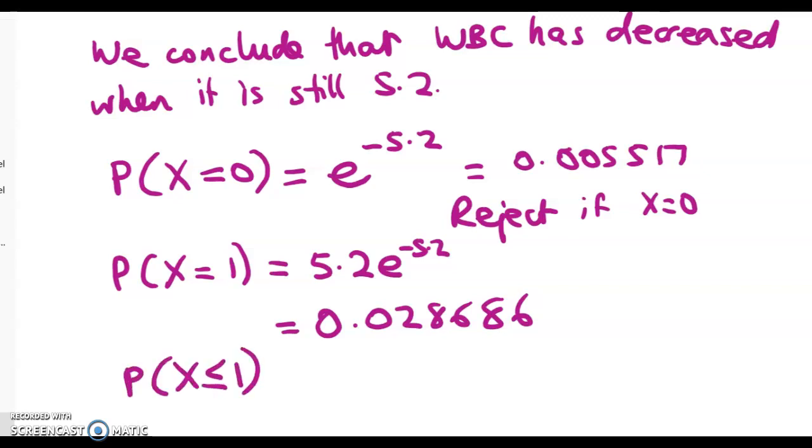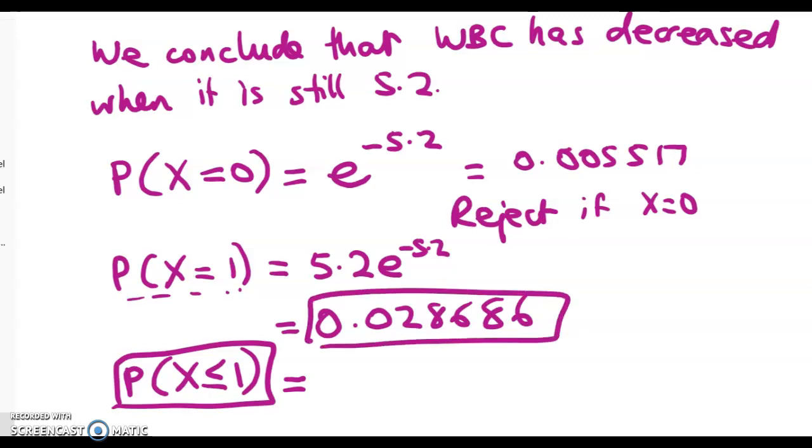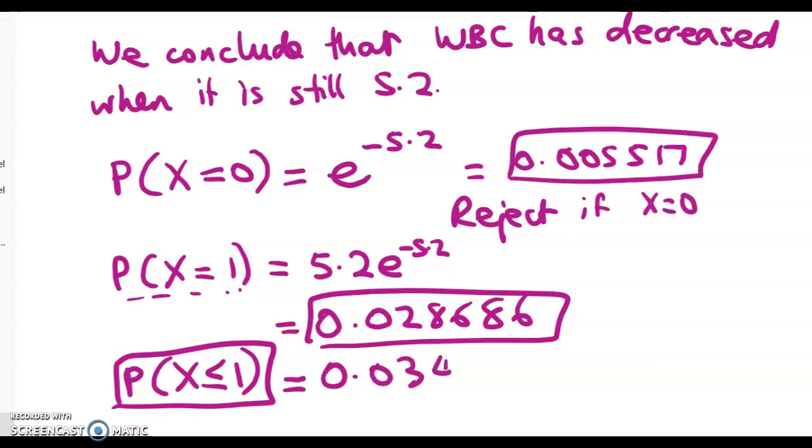If I see the blood cell number being 1, I'm finding the probability that it's 1 or even lower, right? So here, the probability that x is 1 or lower is equal to this number plus this number. So that's 0.0342. And I'm asking myself, is the probability of getting 1 or lower below my significance level? So it's less than 0.1, so we'll reject here.